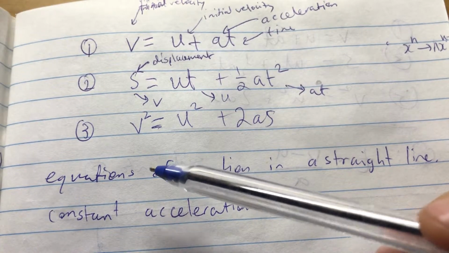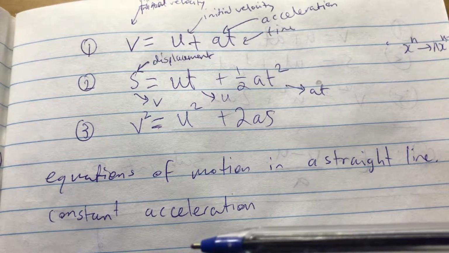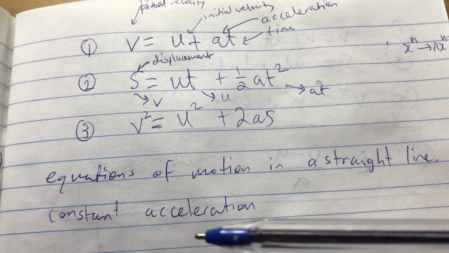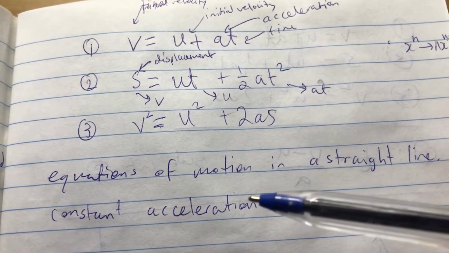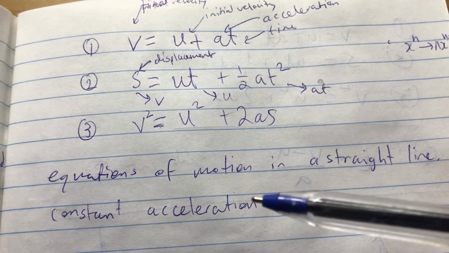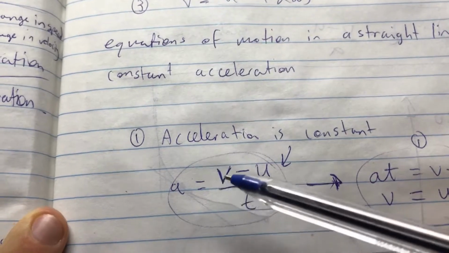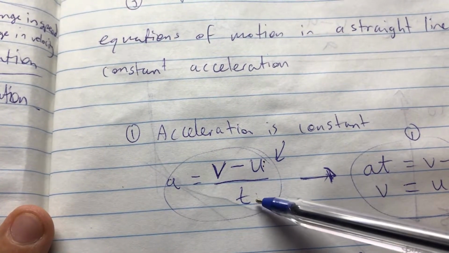If it's constant acceleration, it means the slope on the velocity versus time graph is constant, so it's a straight line. To find the acceleration, you can just find the slope, and when it's constant, the acceleration is just the final velocity minus the initial velocity over time.